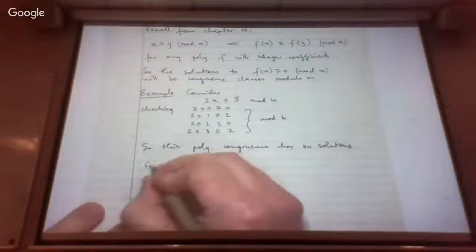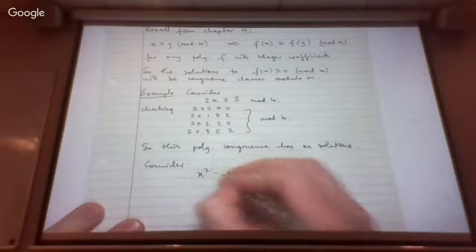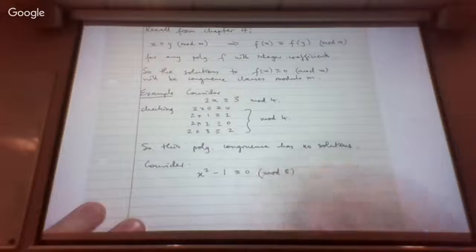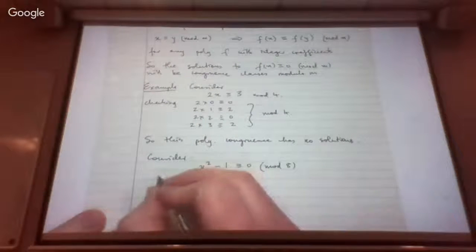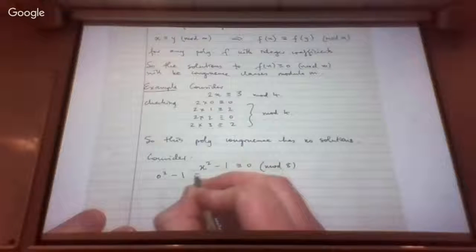We'll look at a second example, which is x squared minus 1 being congruent to 0 modulo 8. Okay, so 8, there's still only 8 possibilities, so we can check them all. 0 squared minus 1, well, that's minus 1, but we maybe think of that as 7 modulo 8. 1 squared minus 1 is quite clearly 0.